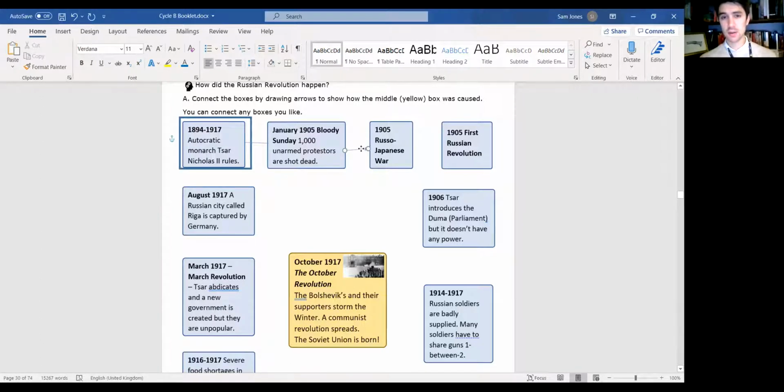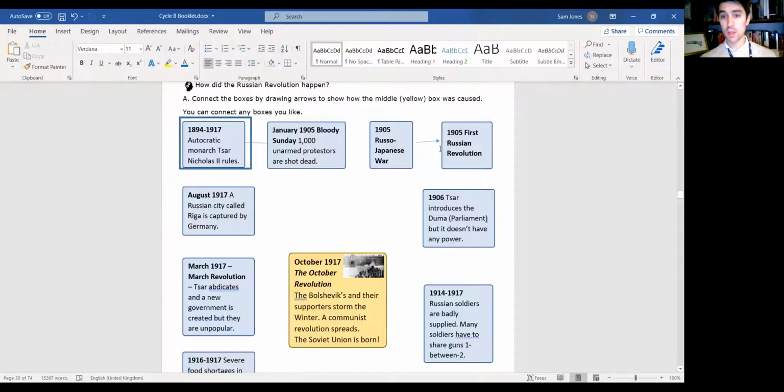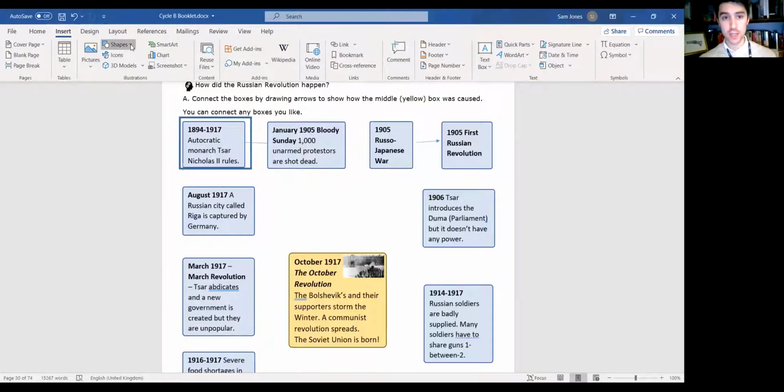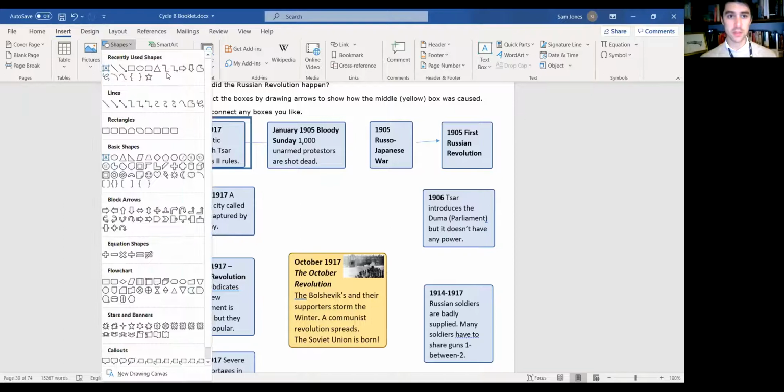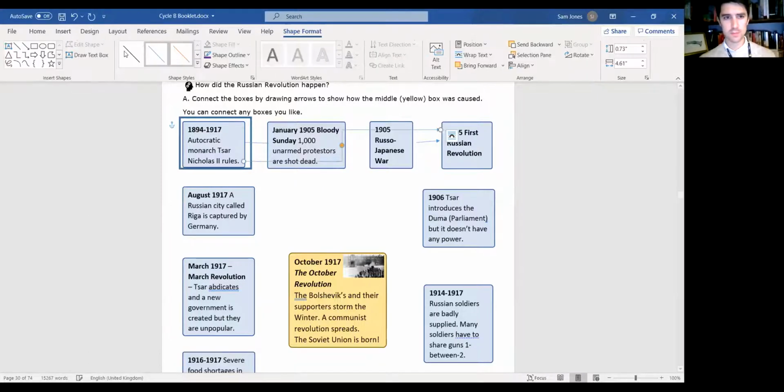You could say it leads to the Russo-Japanese War, but actually that's happened before, so maybe that's not a good example. You might also say, however, that the Russo-Japanese War leads to the First Russian Revolution. So here's where you can make different connections, not just the ones that are next to each other. For instance, you might say that the Tsar's autocratic rule also links with the First Russian Revolution.